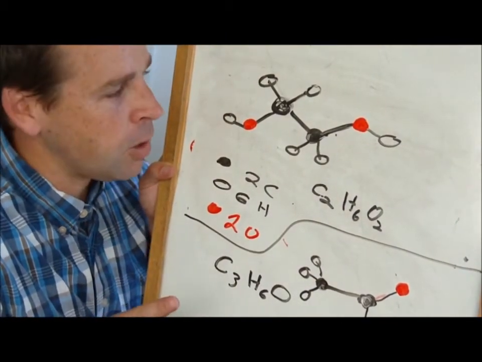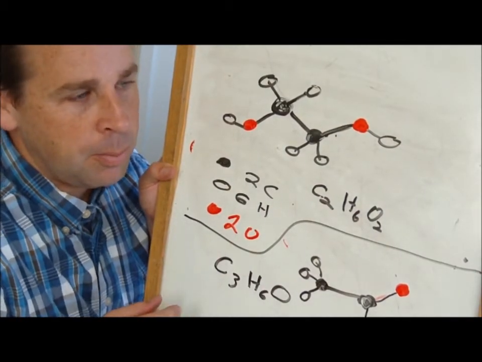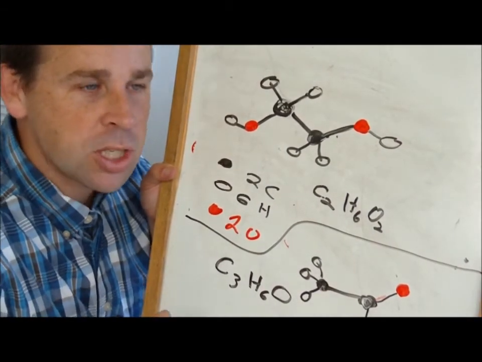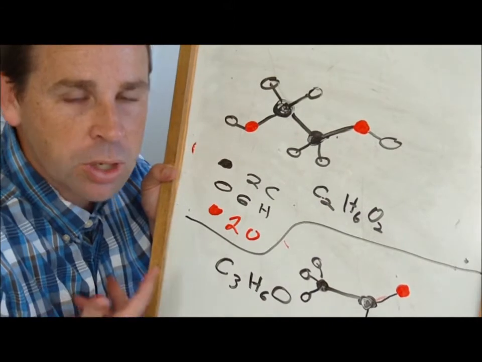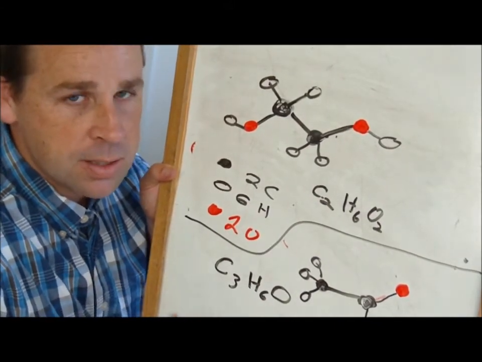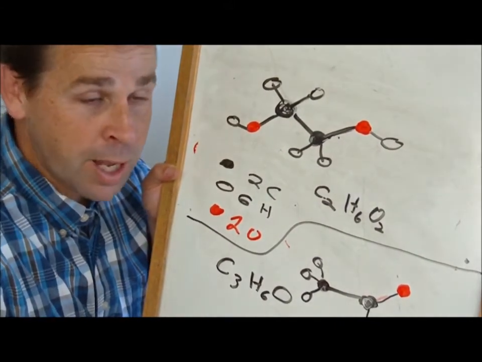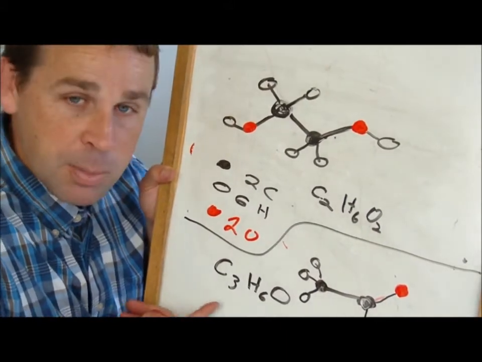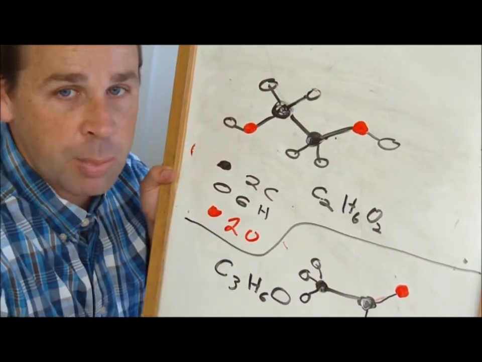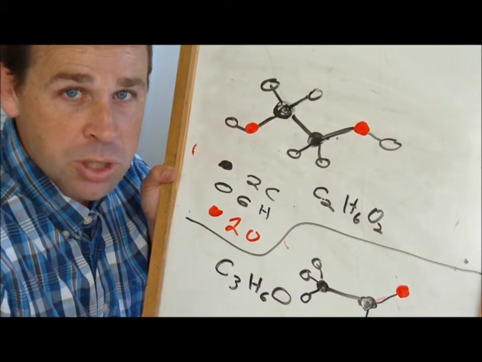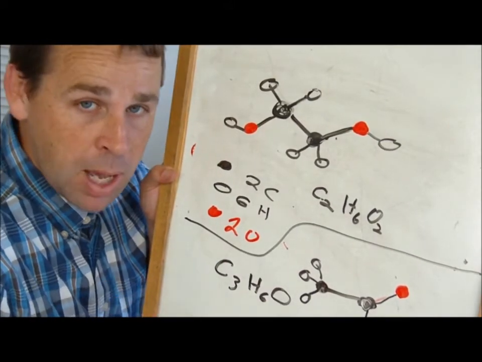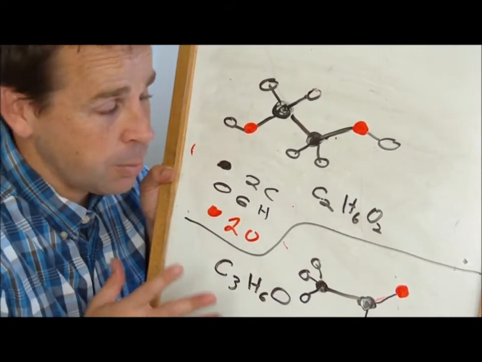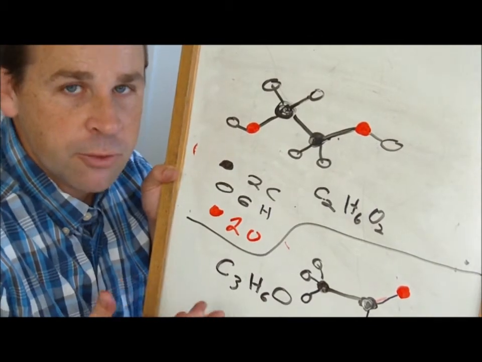I'm going to get one kind of compound. But if I change the pressures and change the concentrations or conditions, the temperatures, etc., then when I do the reaction again, even with the same materials, I could get a different compound. That's the law of multiple proportions. That chemicals can combine in different ratios, different proportions, under different conditions.